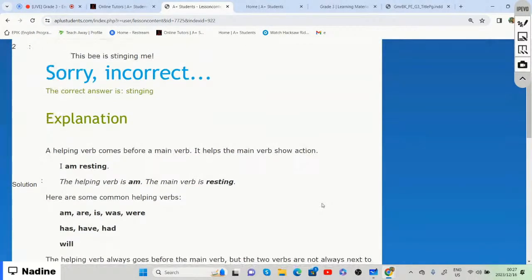Just to recap again, a helping verb comes before a main verb and helps the main verb to show the action.